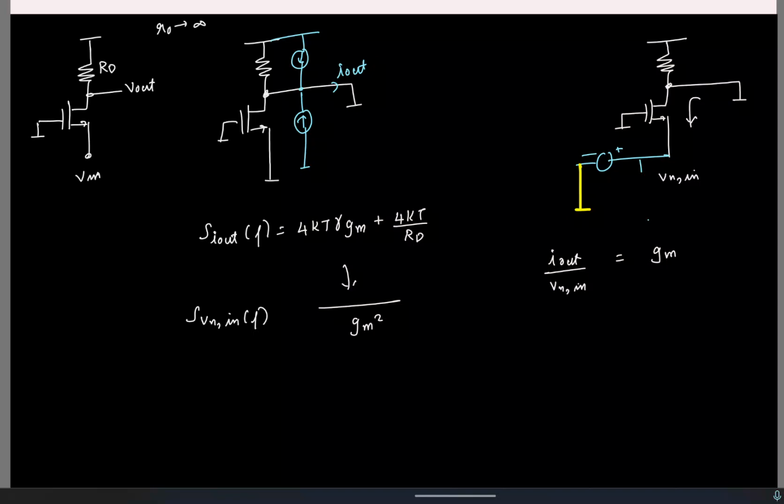Now let's find the input referred noise current. I'll do the same thing and draw the circuit once. Sorry, this is the input. Let me draw the model so it becomes clear.